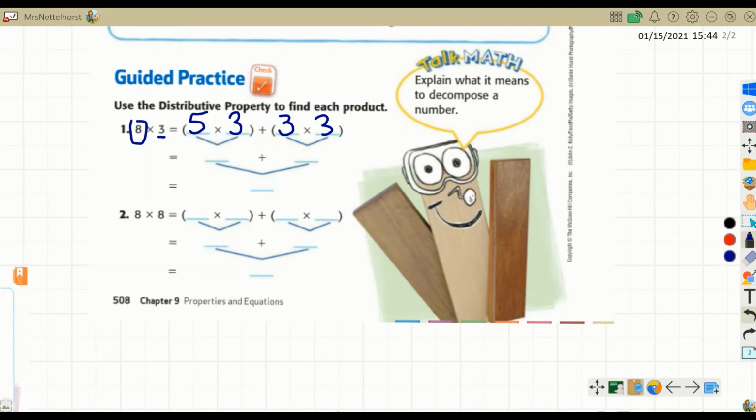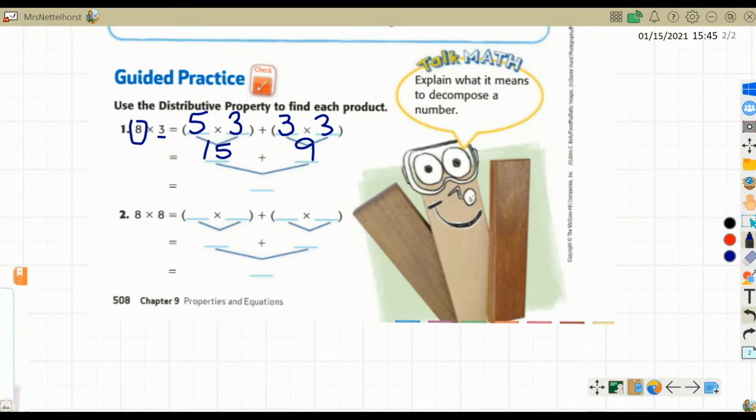Okay, I know 5 times 3 is 15, and I know 3 times 3 is 9. Now we're going to add those 2 products to come up with the sum, which is the answer to 8 times 3. So add 15 and 9. Pause the video, add 15 and 9, write your answer on the blue line.